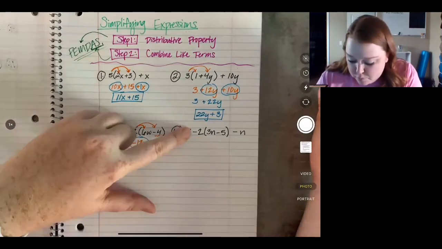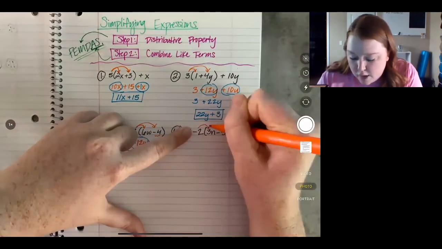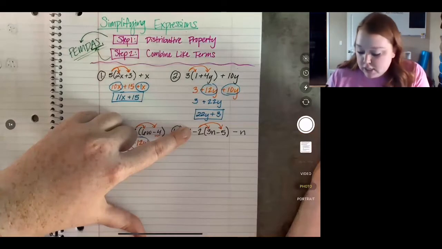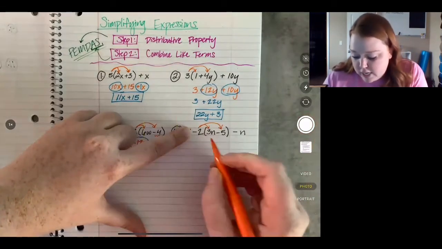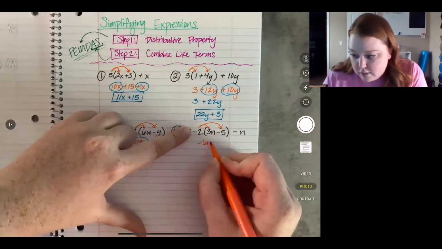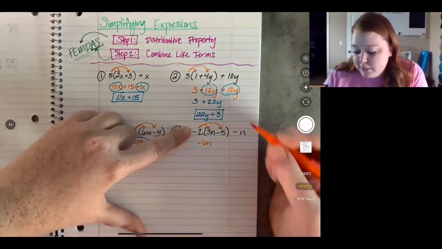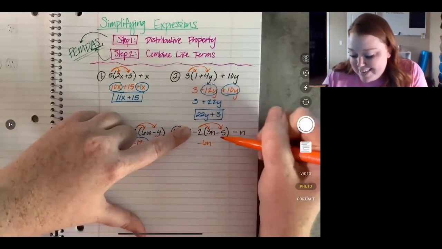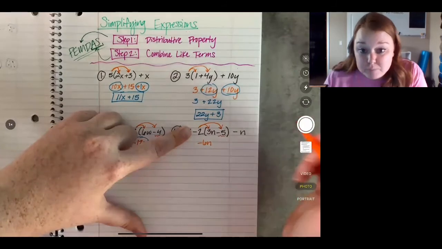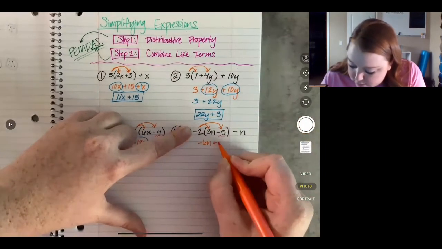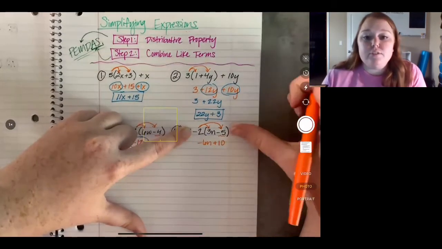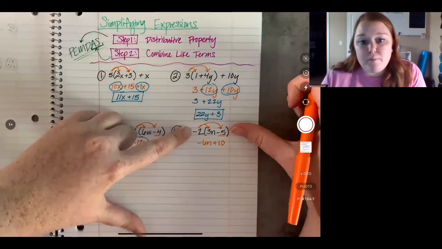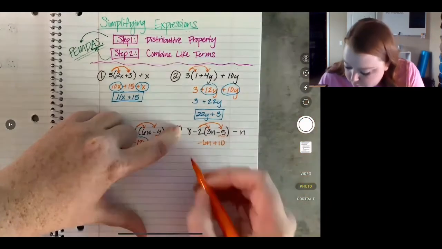So you're going to multiply a negative 2 throughout the parentheses. Negative 2 times 3n is negative 6n. Negative 2 times negative 5, negative times negative, positive 10. Okay, so I've done my distributive property. Now I'm going to drop down the 8 and drop down the minus n.